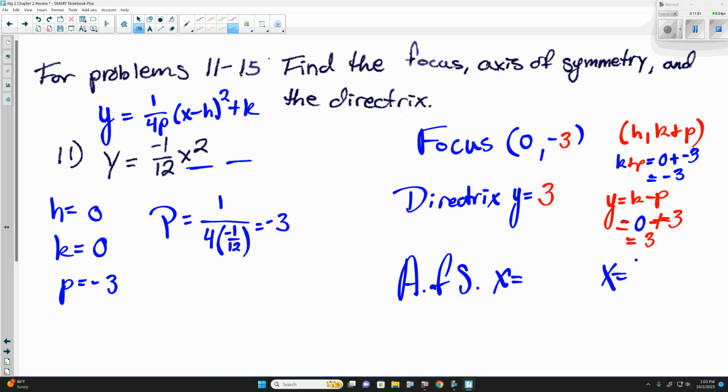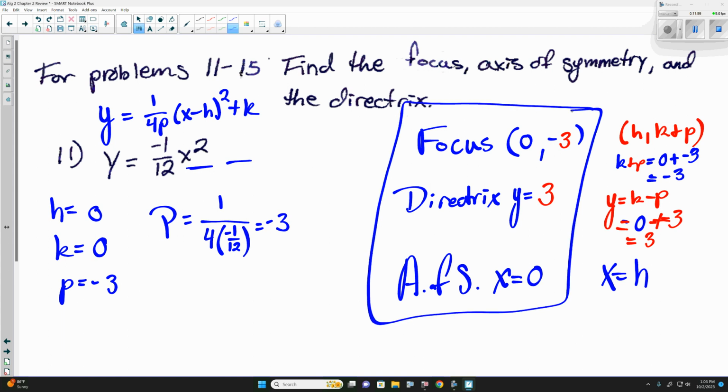Well, the general form is x is equal to h. And our h value in this case is 0. So we get this here. Questions on number 11?